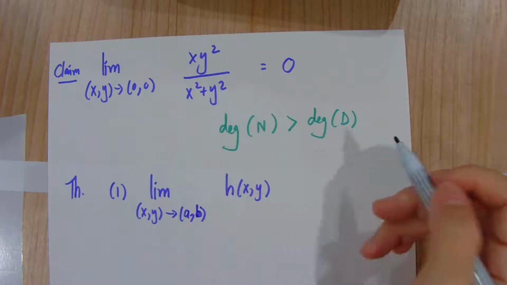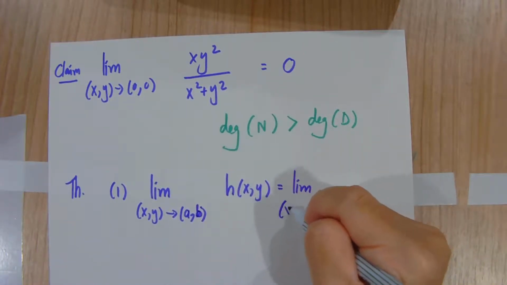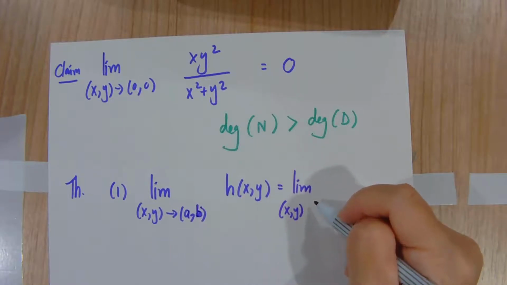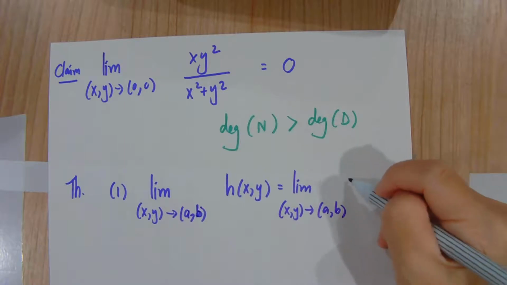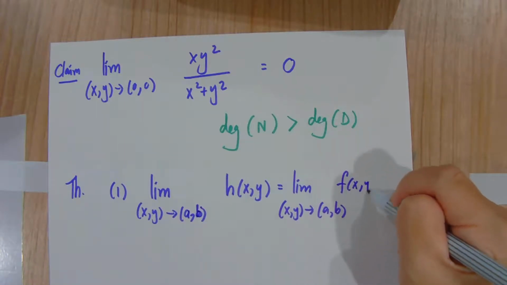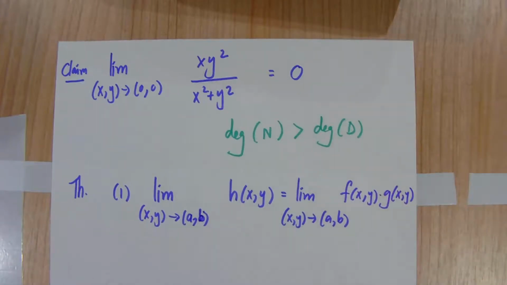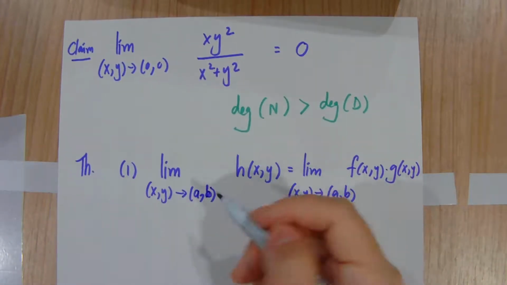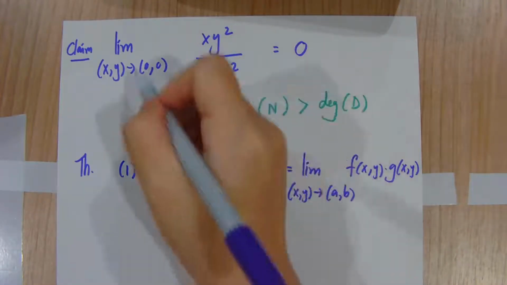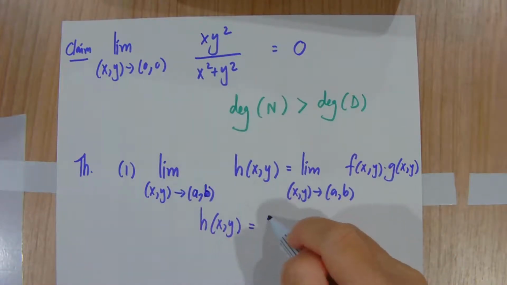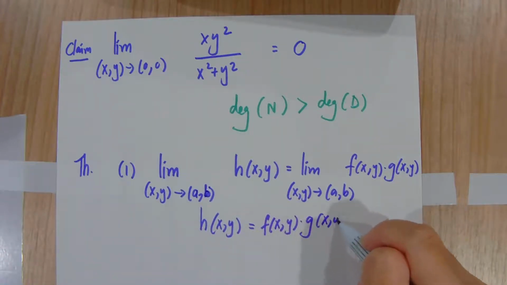Then we separate the function h into the product of 2 functions, f and g.